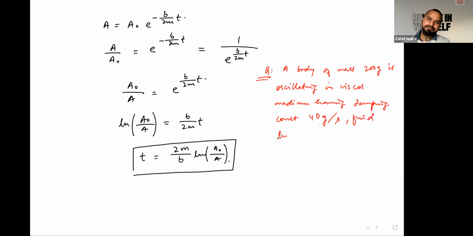Find time taken for its amplitude to fall to half of its initial value.